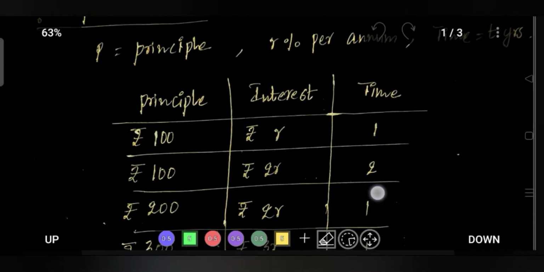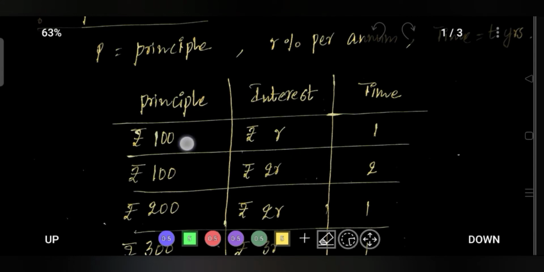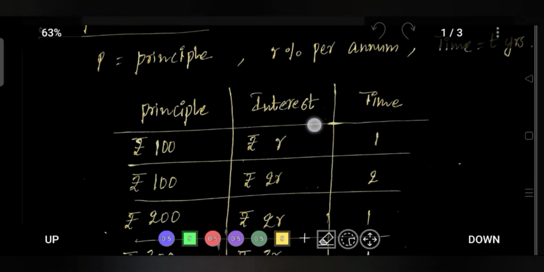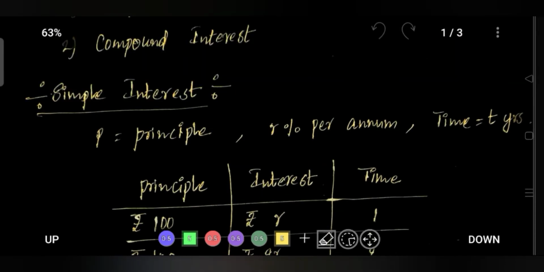For example, if I borrow 100 rupees, that is the principal amount, the borrowed amount. For using this 100 rupees for 1 year, I should pay R rupees to the lender. That is the meaning of R% per annum.